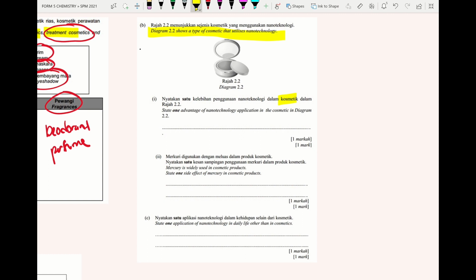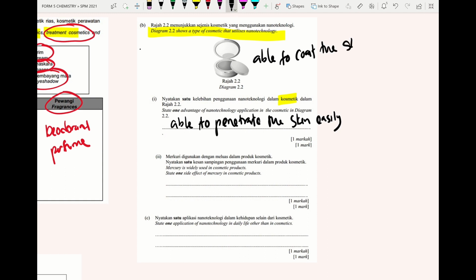The advantage of nanotechnology in the cosmetic is that it is able to penetrate the skin easily and coat the skin, or can be applied to the face easily, because it is made up of nanoparticles. All right, we move on to the next one.